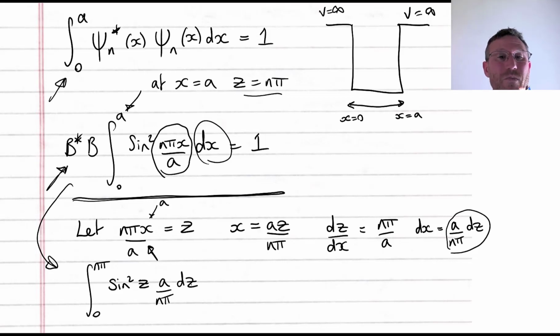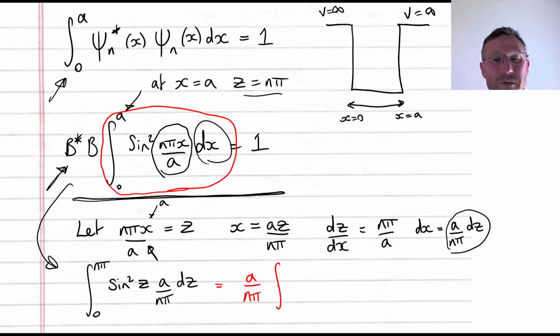And of course, right now what we're doing is only solving for this integral. So let's solve for this integral, and when we solve for that integral, then we can determine what b is. So this ends up becoming equal to, let's bring the a over n pi outside of the integral, the integral from 0 to n pi of sine squared z dz.